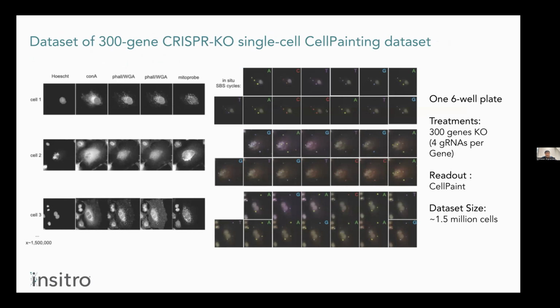And on the right are the corresponding in situ sequencing by synthesis cycles, where the barcodes were sequenced, and we get the corresponding gene identity using the barcodes. So we had 300 gene knockouts in this experiment with 4 guide RNAs per gene, with cell painting as readout, which gave us about 1.5 million cells, all in a single 6-well plate.